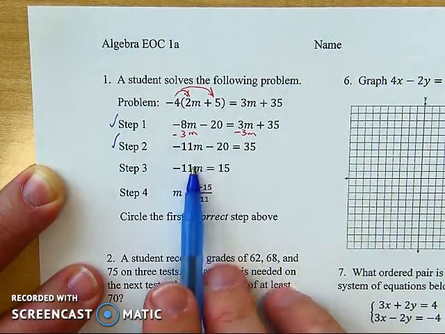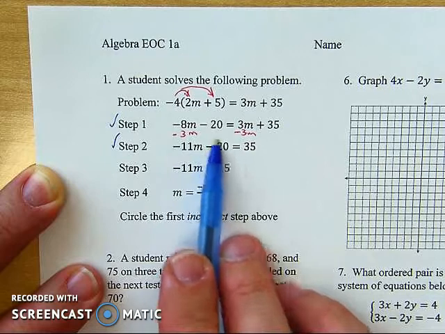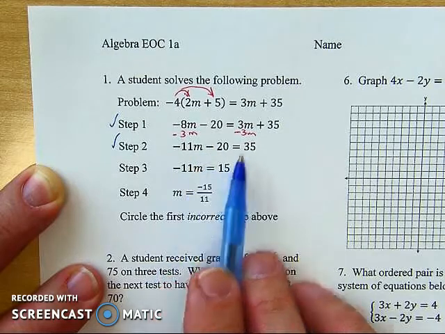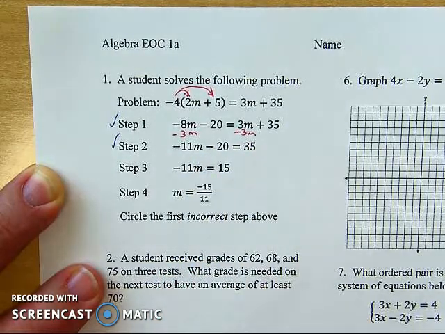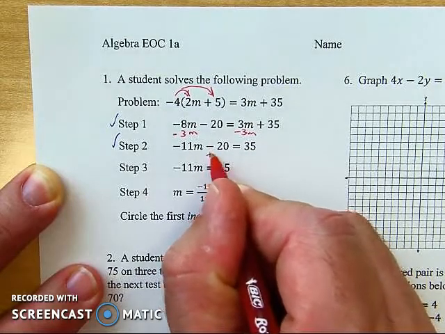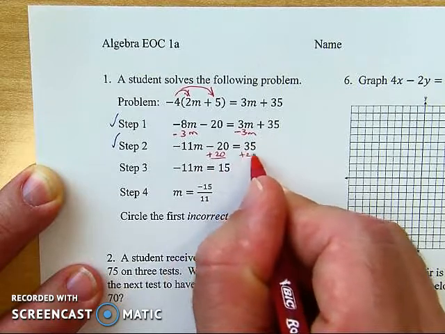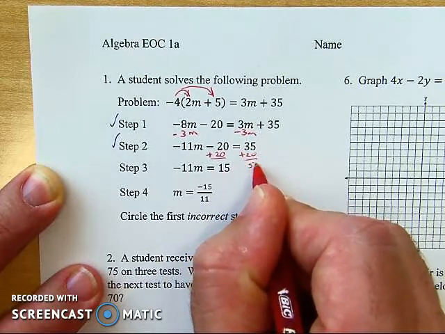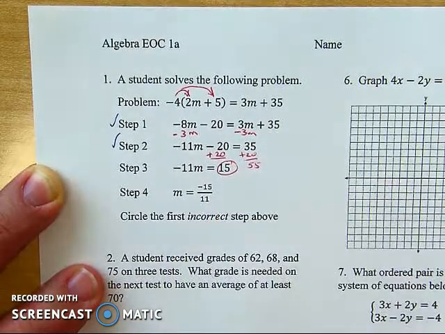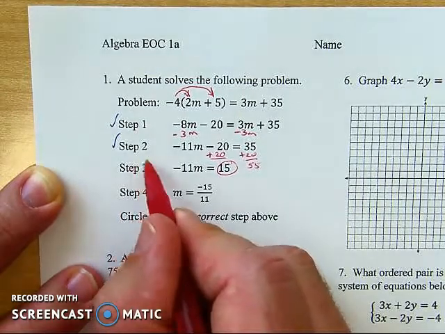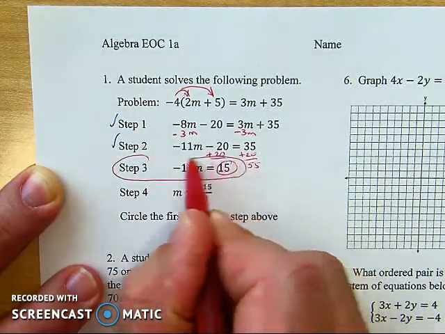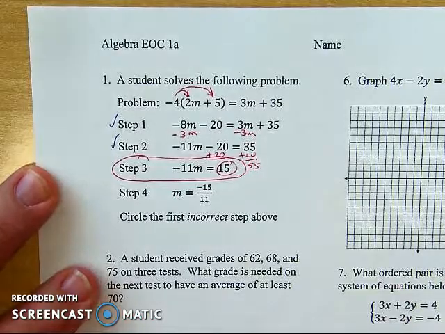Next one, the thing that jumps out at me is this is missing from down here, and this number is different. So they would add 20 to both sides to make it go away there, and adding 20, I should get a 55, but if you notice right there, that's not 55. So that is my mistake. So it's found in step 3.